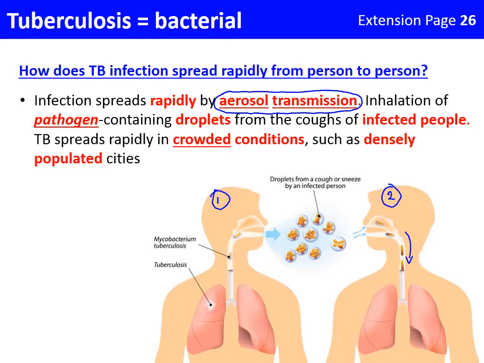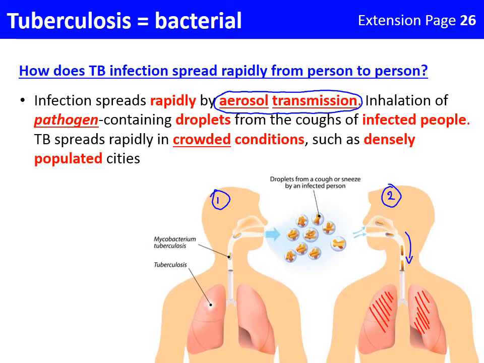So instead of actually being broken down by phagocytosis, they actually start to replicate inside the white blood cell. And that's what can cause these kind of nodules to form inside the alveoli of an infected person. Now these nodules, these infected white blood cells, they can also pass from the alveoli and the lung tissue into the lymphatic system of the person.